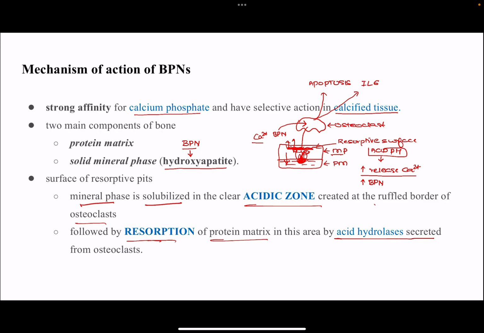As we know that bisphosphonates are tightly bound to the hydroxyapatite, so bisphosphonates will also get released along with the calcium in the acidic environment, leading to the entry of the bisphosphonate through endocytosis into the osteoclast, leading to the apoptosis as well as the interleukin 6 suppression. So thereby it decreases the osteoclast activity.